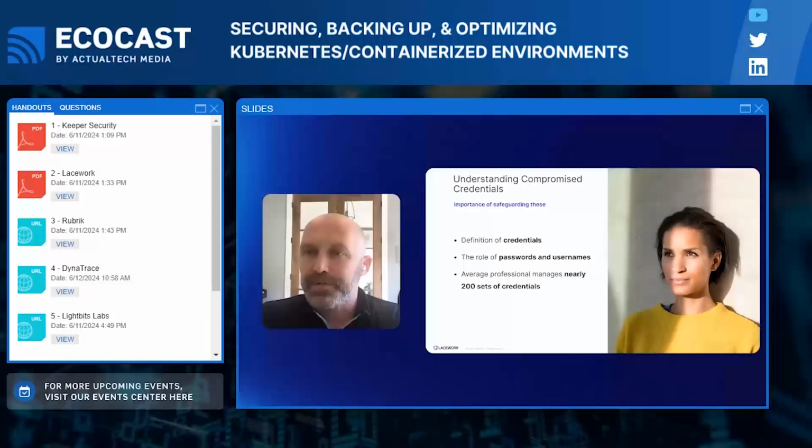Also, the number of systems we have to log into has really grown, so we use usernames and passwords for everything, from logging into your email to a cloud account to your banking account. They're just everywhere. We still use them, maybe with multi-factor authentication thrown in as an additional level of security, to understand whether you should have access to something or not.